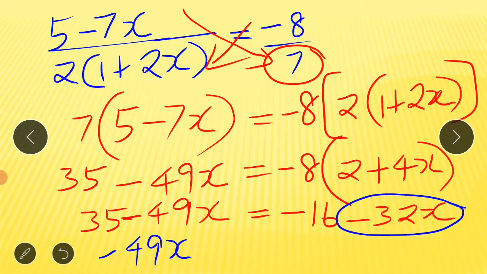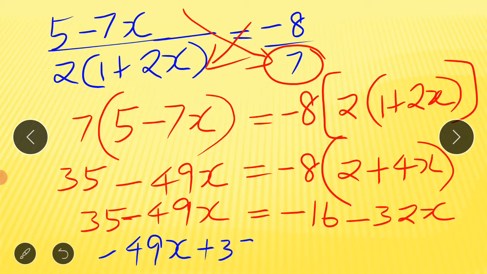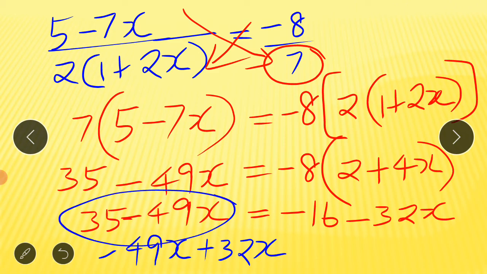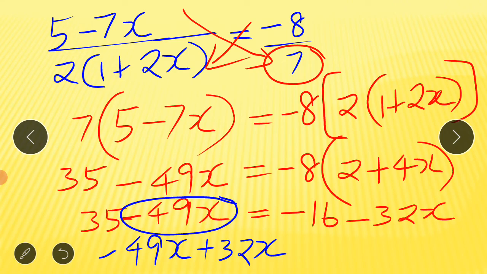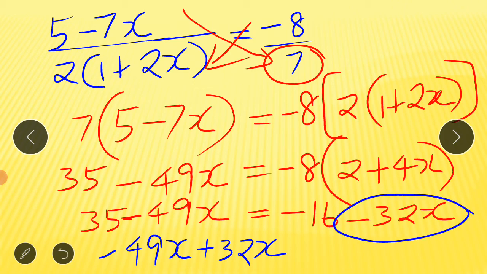When you bring it from the right hand side to the left hand side, it becomes plus 32x by transposition. Because here the left hand side we are keeping as it is, we are not changing the position, we are not doing transposition. Left hand side variable term minus 49x, then from the right hand side we are bringing to the left hand side, so this minus 32x is becoming plus 32x.